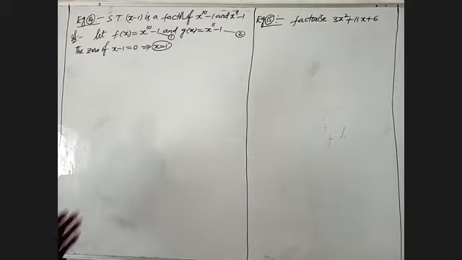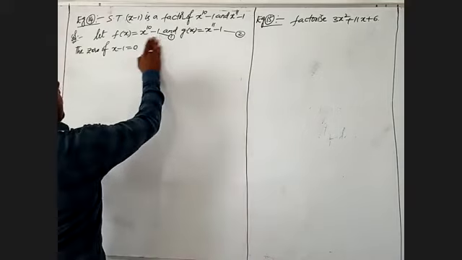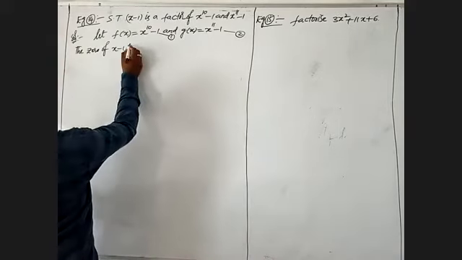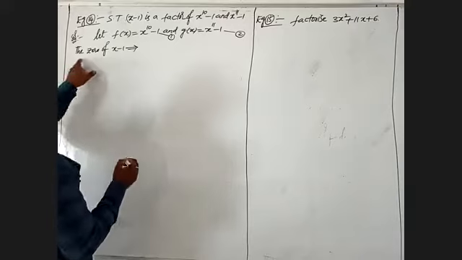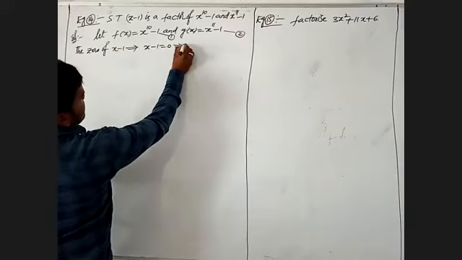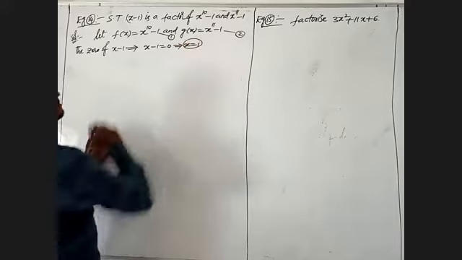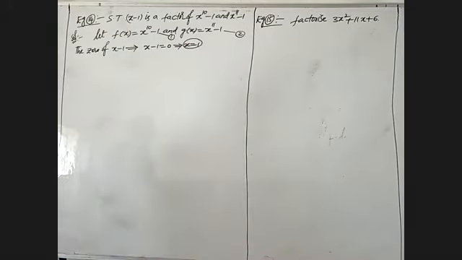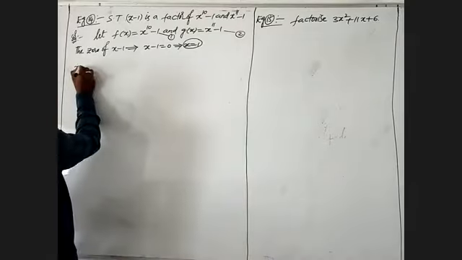What do I have to write in this one? The zero of x minus 1: x minus 1 is equal to 0, then that implies x is equal to 1. I have to substitute x is equal to 1 in equation 1 and equation 2.